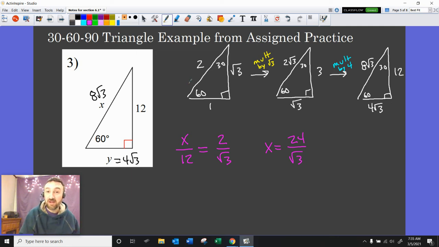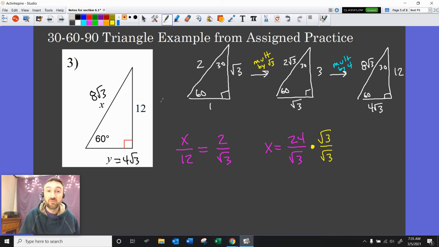Okay, so what you can do algebraically here, and you can kind of reason through this, if you take this pink number, this 24 divided by the square root of 3, and you multiply this by square root 3 on top and bottom, that yellow number that you see there, that's equal to 1. So it's like taking the pink number and multiplying by 1. You're not going to change it. You are going to change how it looks, though.